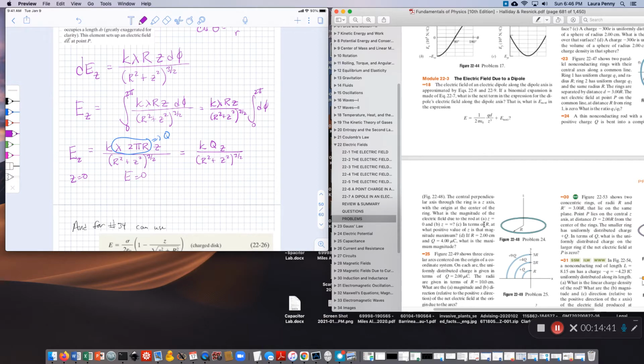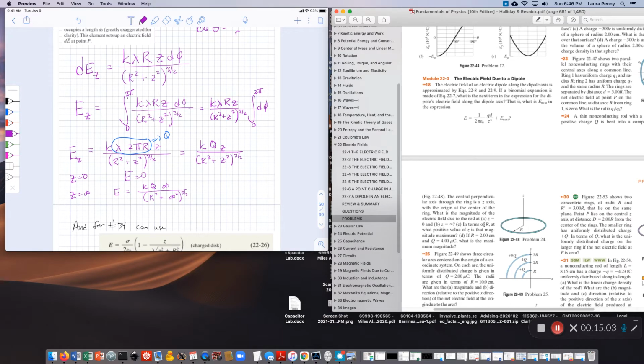When z is equal to infinity, then our electric field has k, q, and it's got an infinity in the top, but it has r squared plus infinity squared to the 3/2.